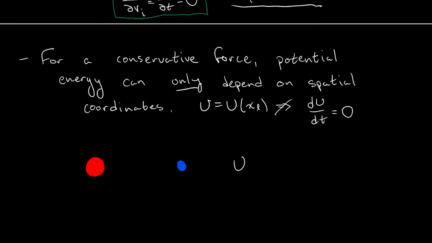The potential energy in this case is going to be something like G m1 m2 over r. But r is a function of t. So as everything evolves and I solve for the dynamics, I'll get something happening with r, and so U will implicitly be a function of t through its dependence on r.